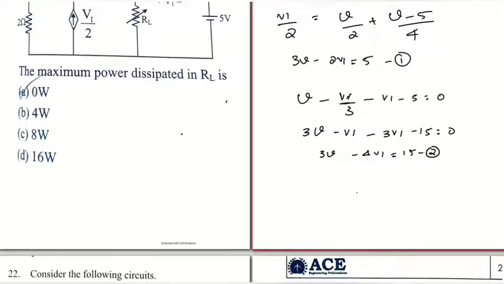Now we have two equations and we have to solve them. I am going to subtract these two equations. I get 2V1 equal to minus 10 and V1 equal to minus 5.